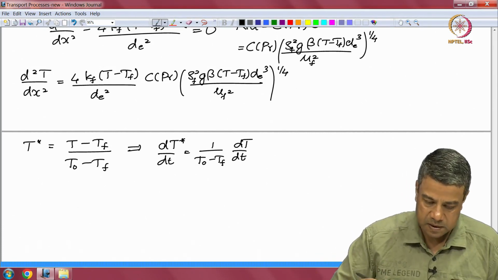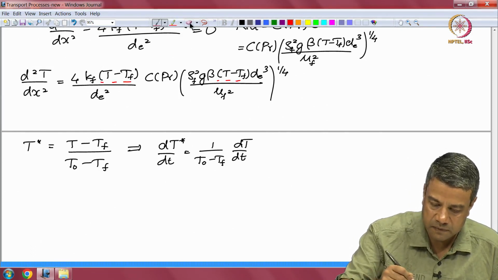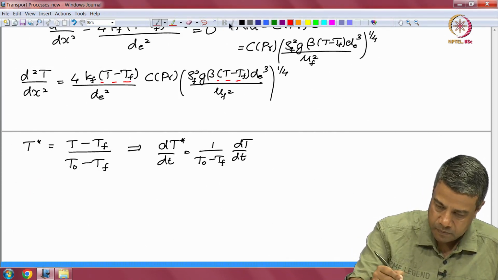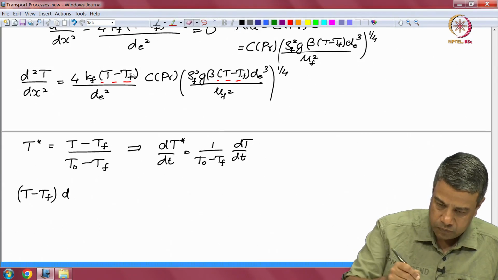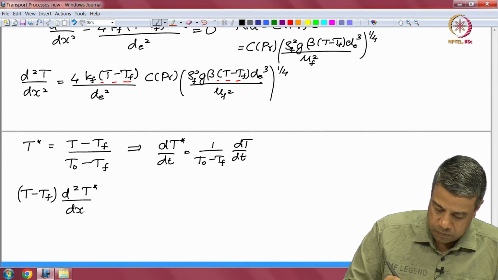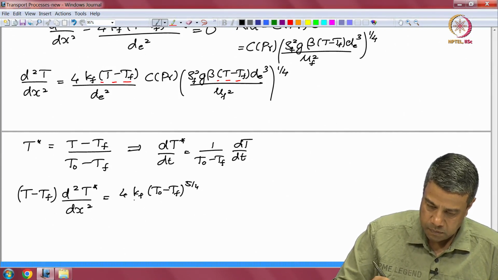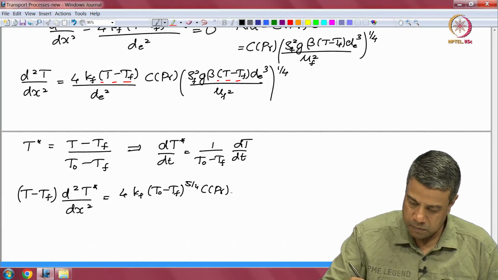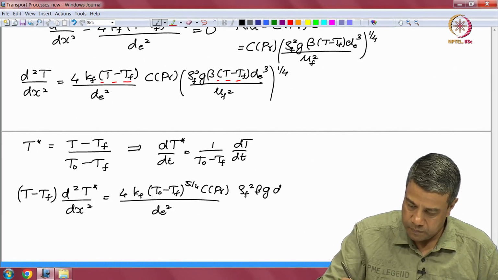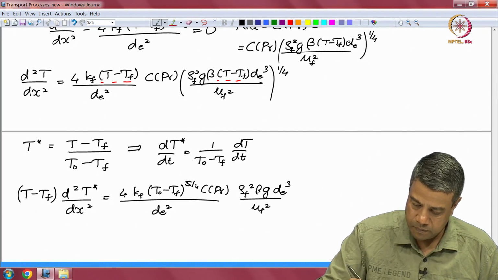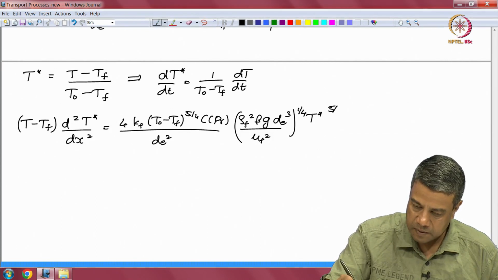So I can substitute that into this expression. Note that I have a factor of T minus Tf power 1/4 and T minus Tf, so I'll get T minus Tf power 5/4 here, whole into T star power 5/4.